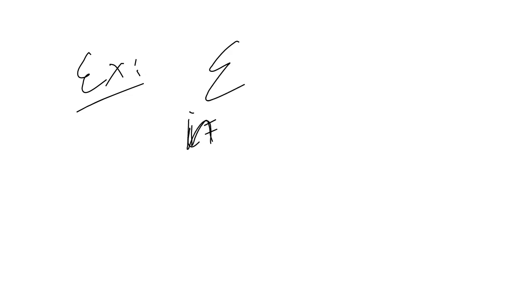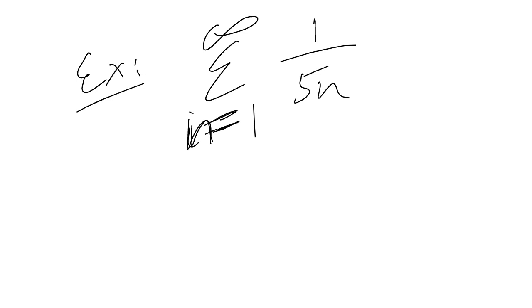So let's see if we can come up with a real quick example here. What if I have sigma n equals 1 to infinity of 1 over 5n? If we have something like that, we might ask, is that convergent, divergent? If it converges, what does it converge to, etc.?